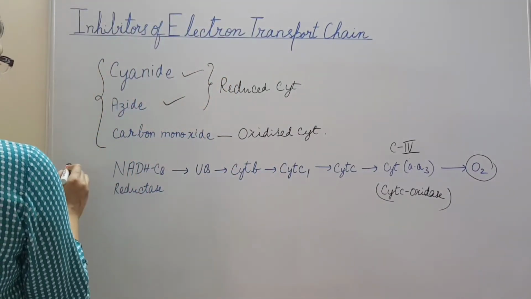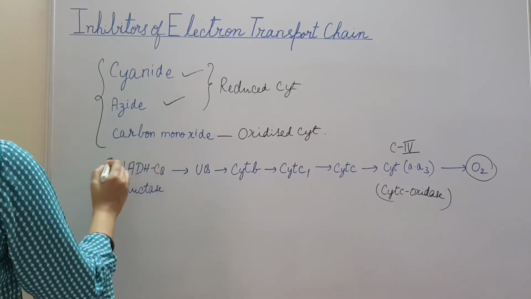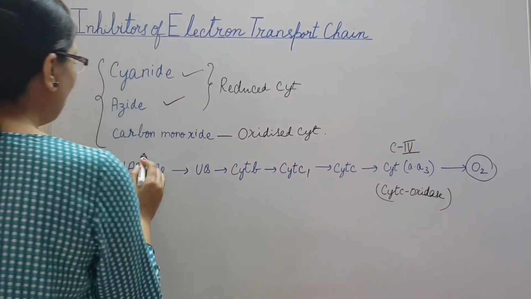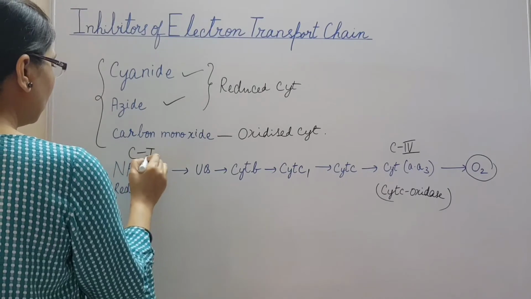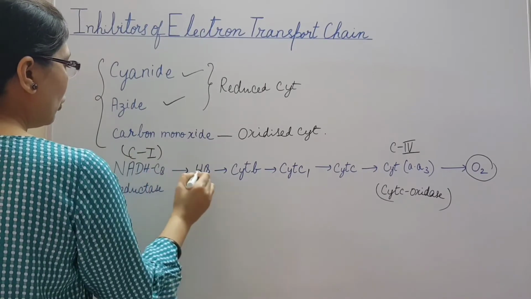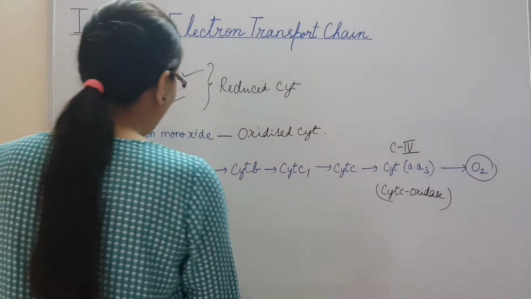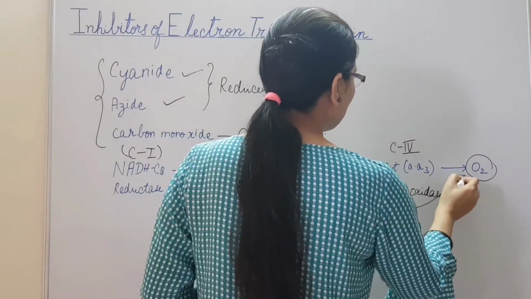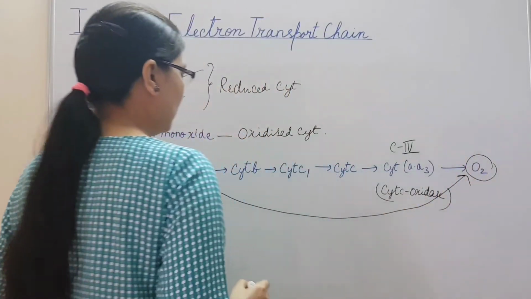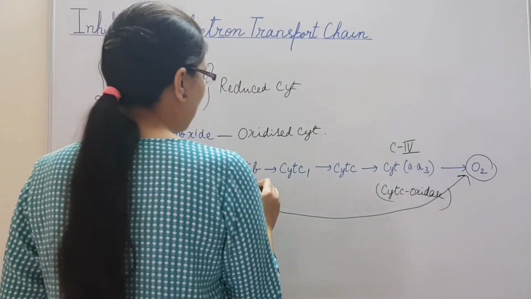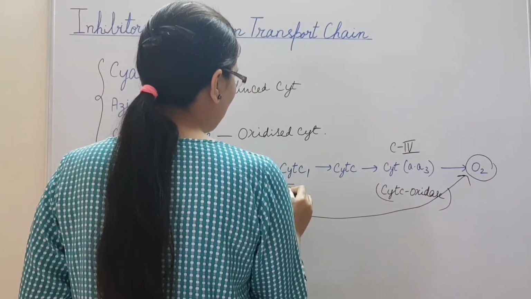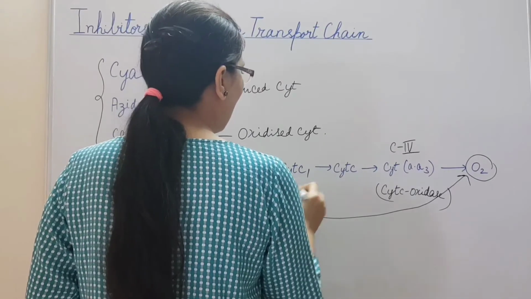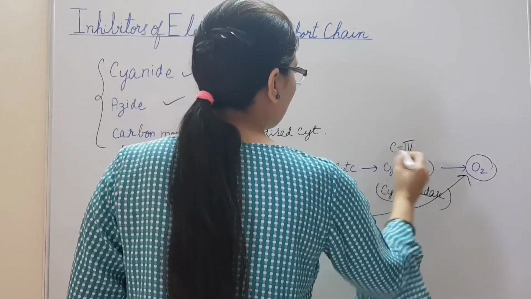In plants, certain alternative mechanisms are also present. In some cases, from NADH, electrons through complex 1 are transported to ubiquinone, and from ubiquinone they are directly transported to oxygen, thus bypassing complex 3 and complex 4.